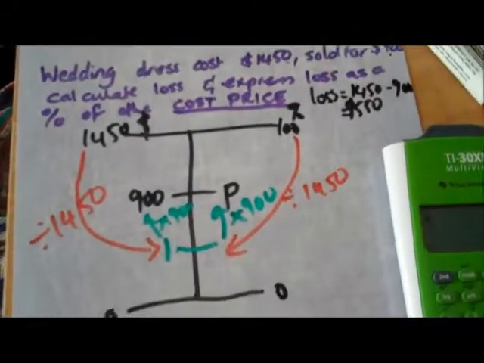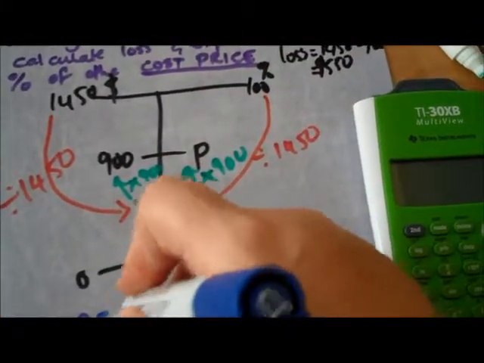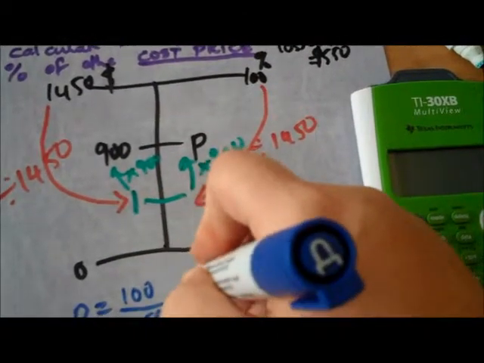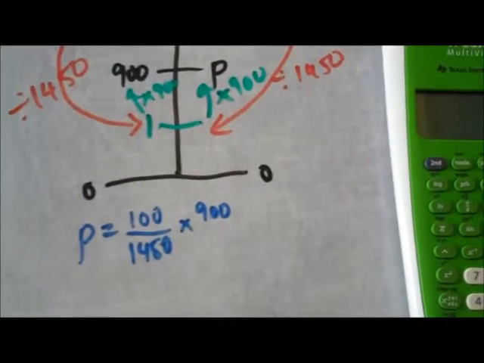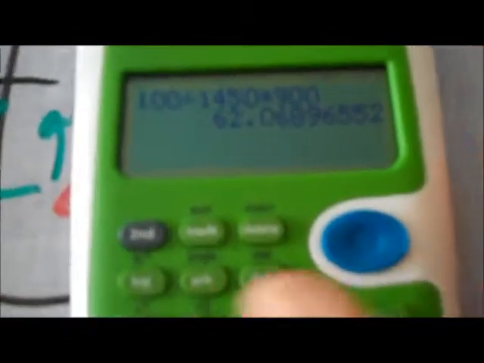So let's have a look. Let's go backwards. Where did I start? I started at 100. I divided it by 1450 and I multiplied it by 900. So let's have a look what that is. We've got 100 divided by 1450 times 900 equals, oops, sorry, 62%. Can you see that? Yep, cool.